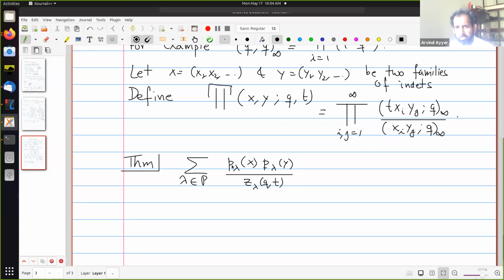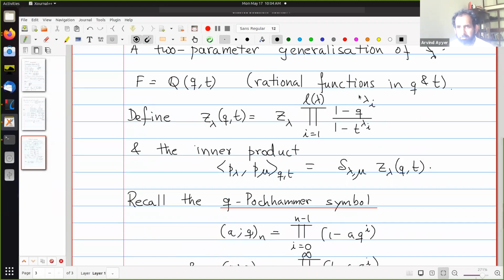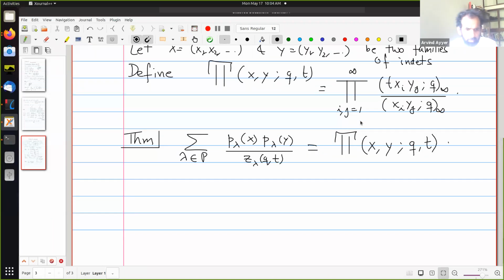If q is 0, this is exactly the kind of sum we saw for the Hall-Littlewoods. My guess is that this is how Macdonald saw this as a natural generalization of the Hall-Littlewood case, and that's why it made sense to put a q over here.